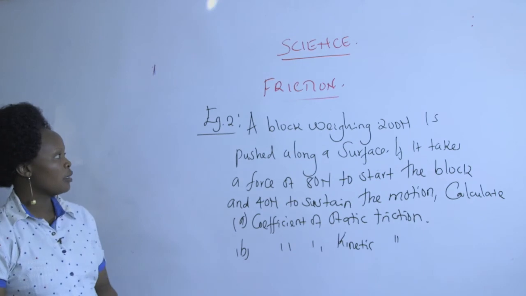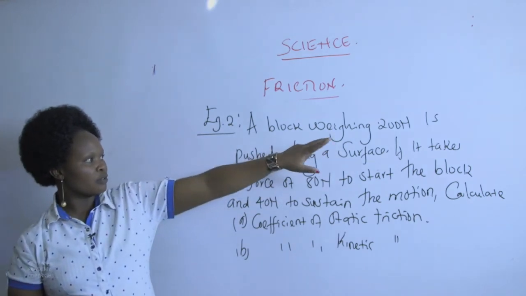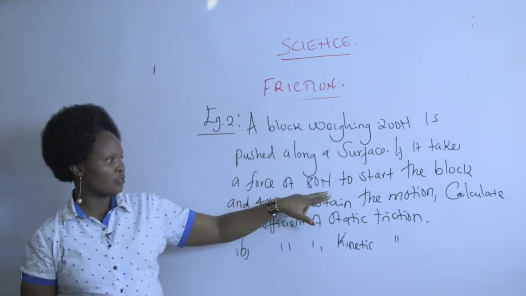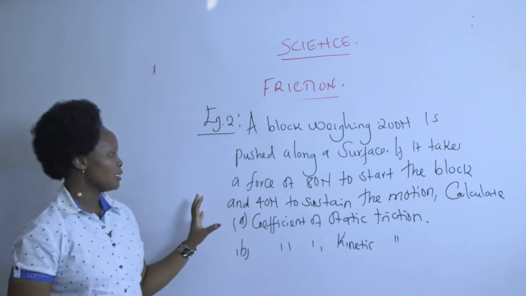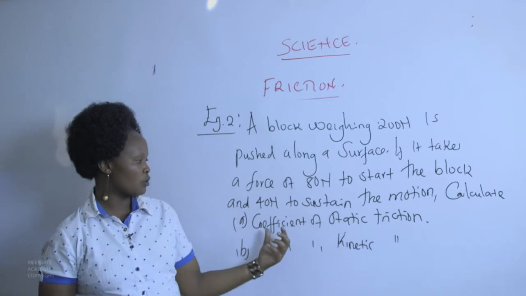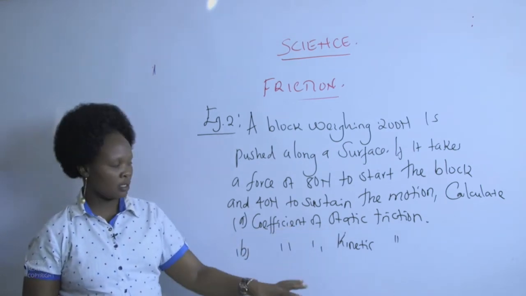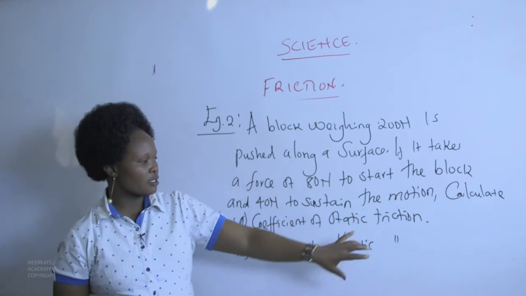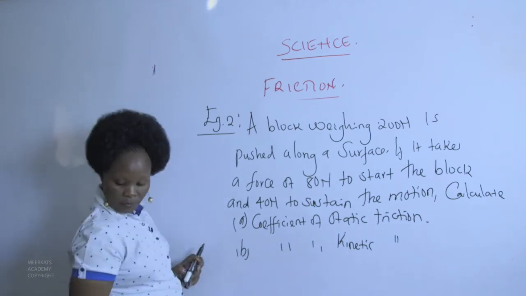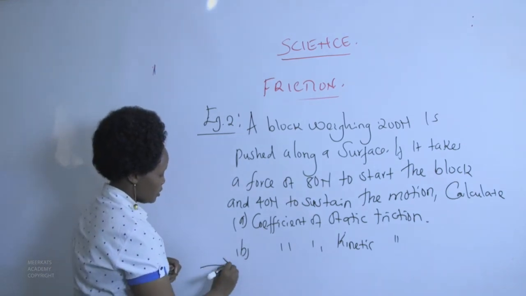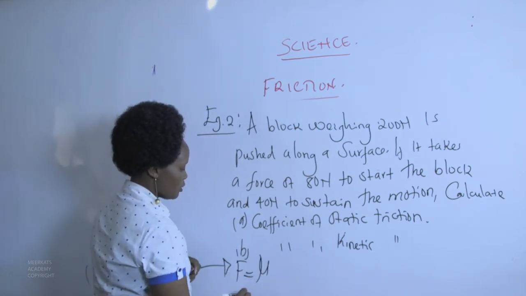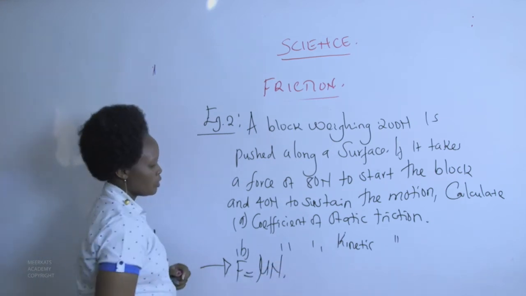A block weighing 200 newtons is pushed along a surface. If it takes a force of 8 newtons to start the block and 40 newtons to sustain the motion, we are required to calculate the coefficient of static friction as well as that of kinetic friction. Now, from the two formulas we have had, friction is given by the coefficient times the normal.